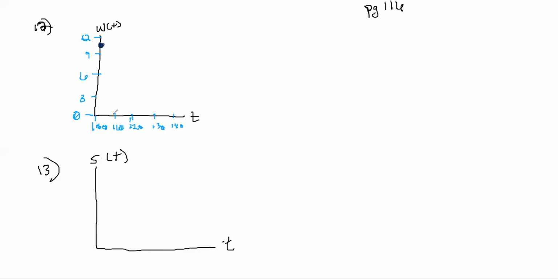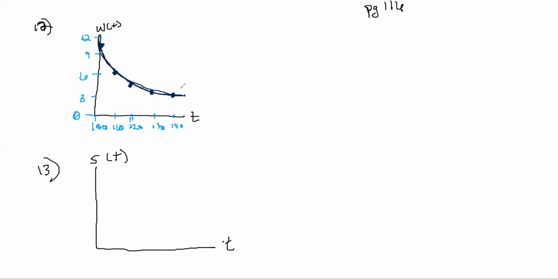We have a point at 6.3. We have a point at 4.2. We have a point at 3.5. And then we have a point at 3.3. So we've got a fairly defined curve that looks like that.